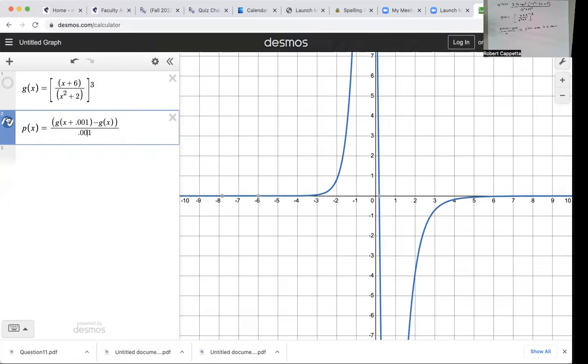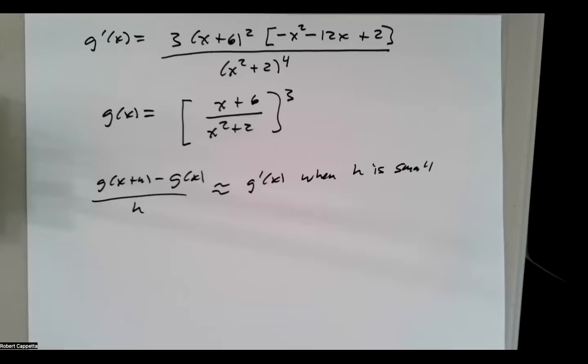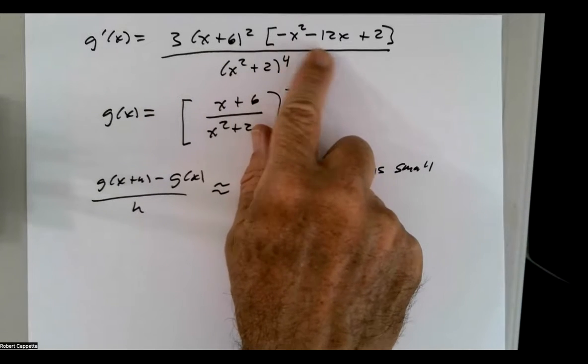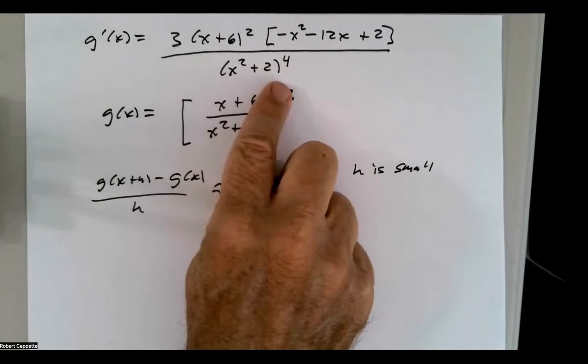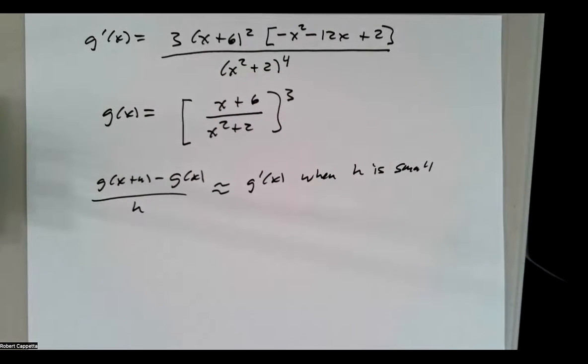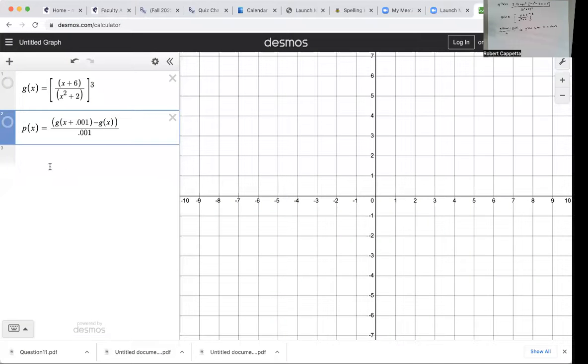So let's turn off this blue graph. Let's remind ourselves of what the derivative function we hope to be: 3 times x plus 6 squared times negative x squared minus 12x plus 2 over x squared plus 2 to the 4th power. That's what we hope the derivative function is that we are checking. So let's take a look at it. We call that one P, call this one Q, I guess.